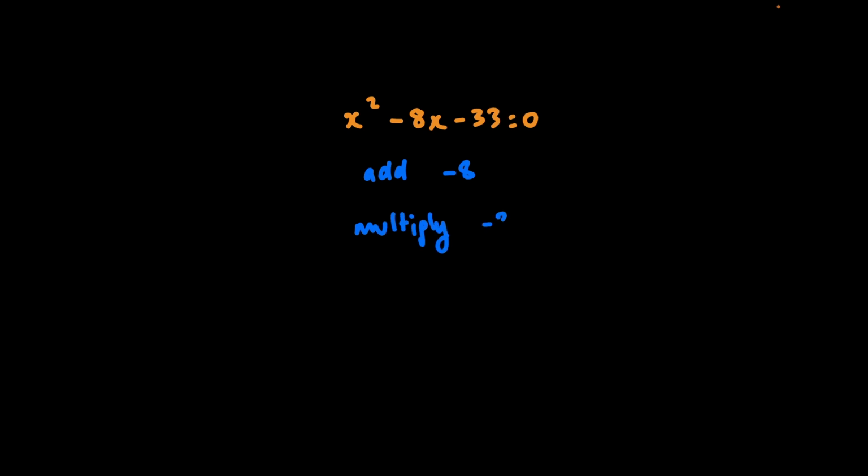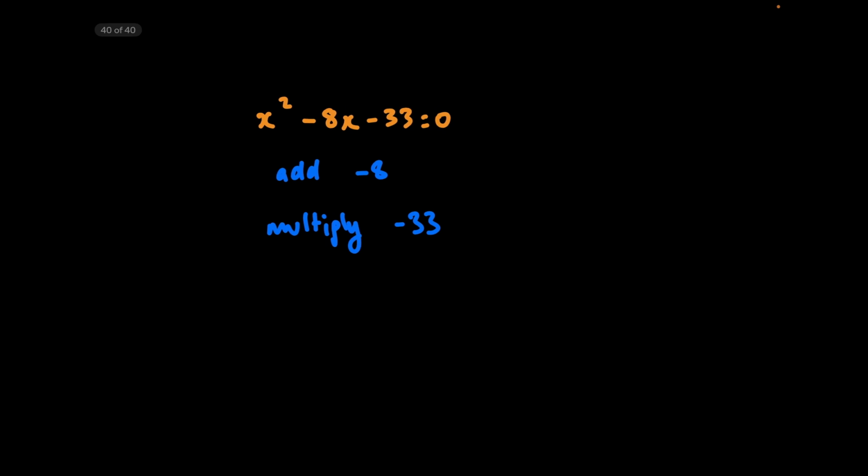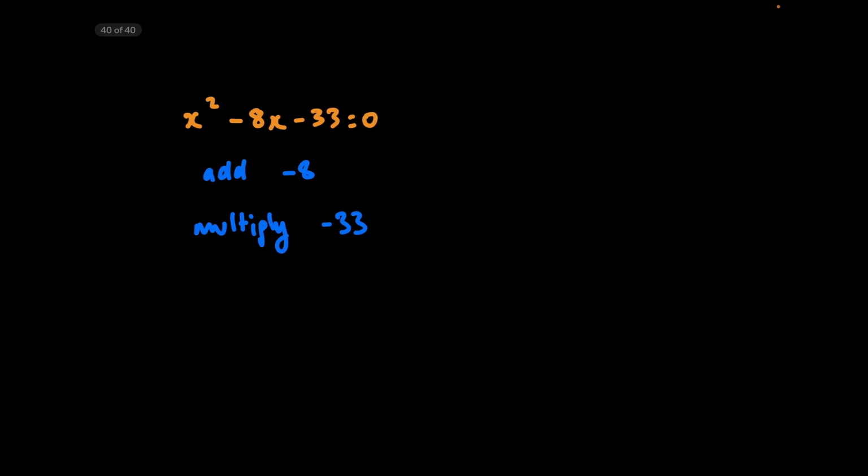Let's keep going. We're also going to solve this quadratic here: x squared minus 8x minus 33 equals 0. To solve this quadratic, we need to work out two numbers that will add to minus 8, but multiply to minus 33. And the two numbers that I can think of here are simply 11 and minus 3.